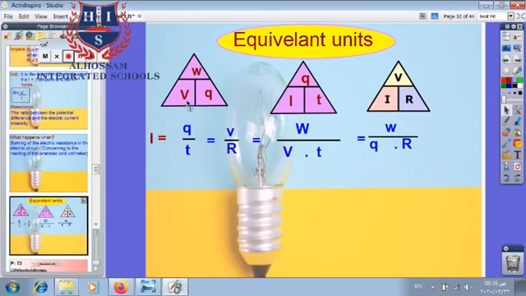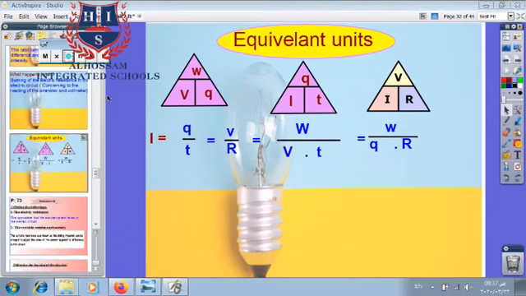We have here also I equals V over R. Also from the 3 triangles we have W over V, which is related to Q by T. So this means Q over T. So also W over V by T is related to I, the electric current intensity.